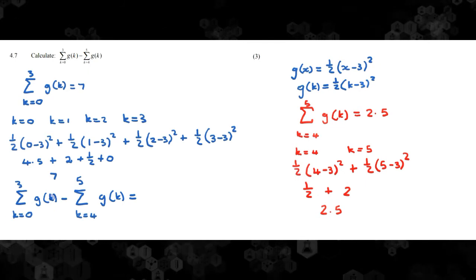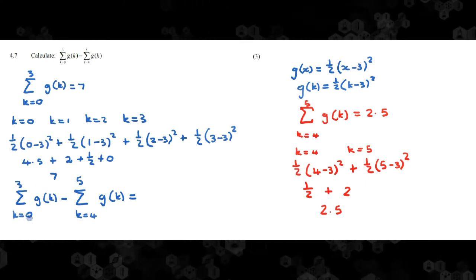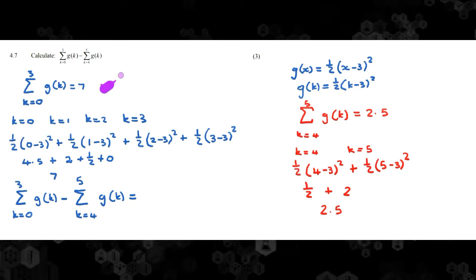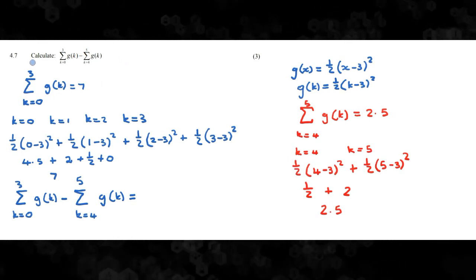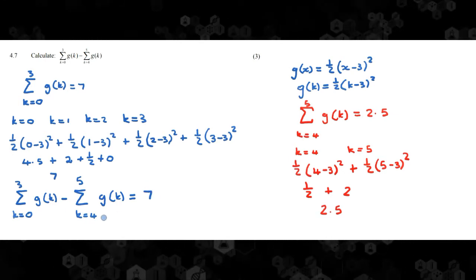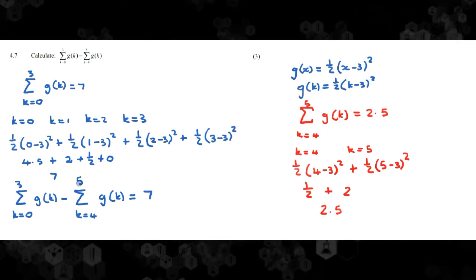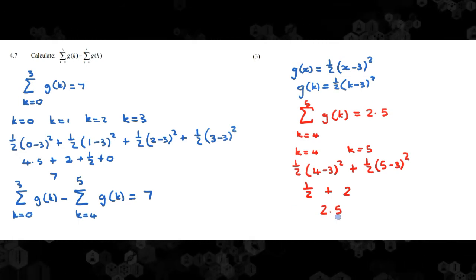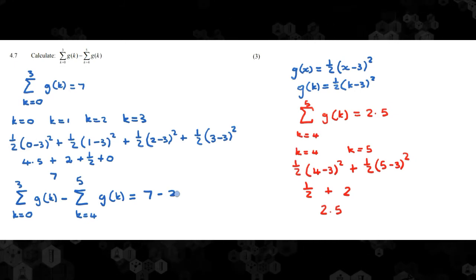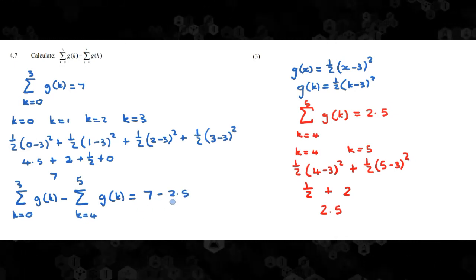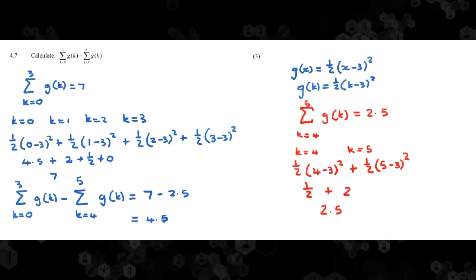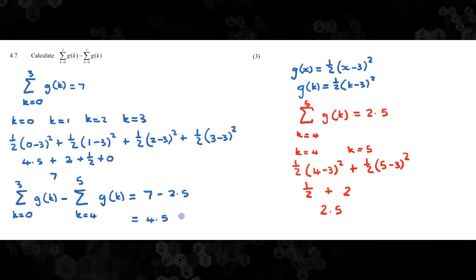This is equal to, the sum from k equals 0 to 3 of g of k, we have it here, this is 7. The sum from k equals 4 to 5 of g of k is 2 comma 5, so we must subtract 2 comma 5. Now 7 minus 2 comma 5, this is 4 comma 5. And from here, we are done.